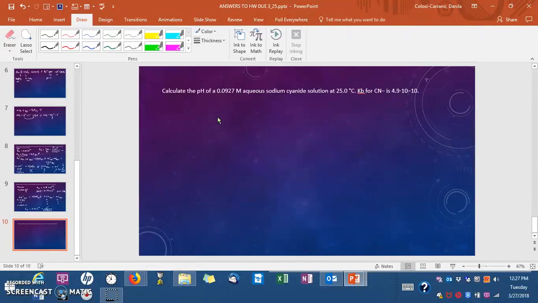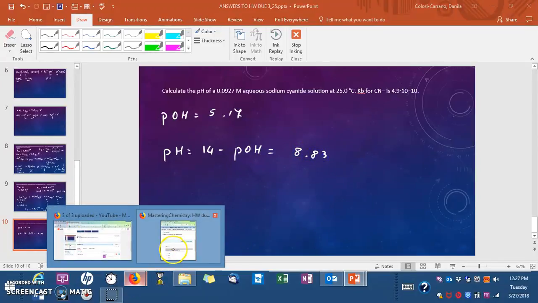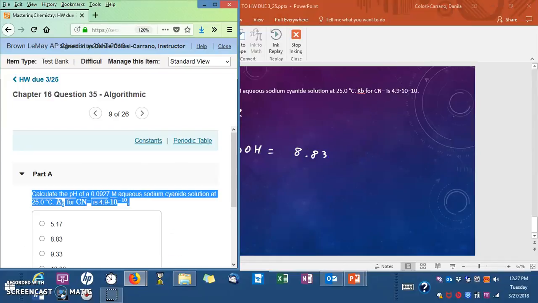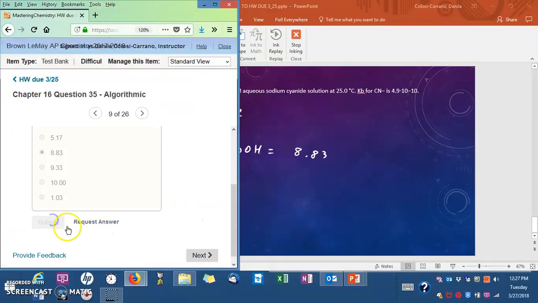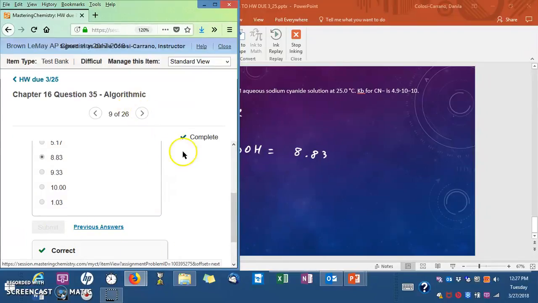Very simply, because you have just calculated the pOH from the problem before, it was 5.17, right? Your pH at this point is just 14 minus the pOH. When you do this, you have 8.83. So let's go there. It's one of the solutions, so that's good. Submit, and it's fine.